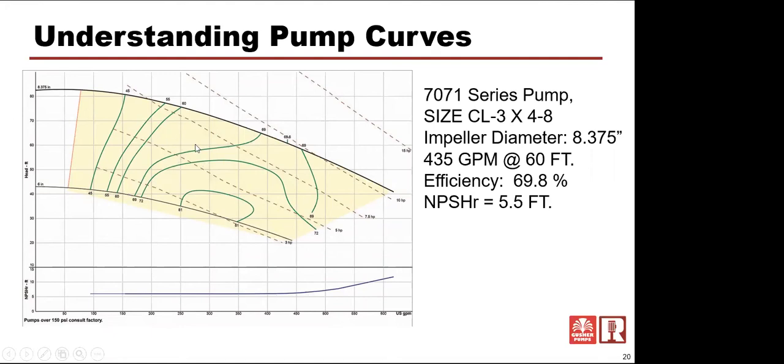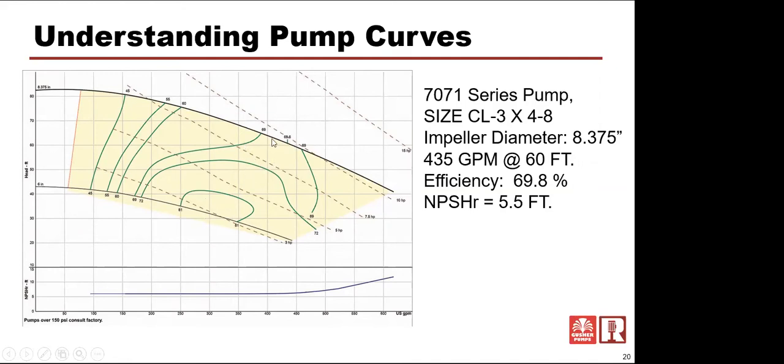Okay, so if we trim this pump to something along this line right here, let's say that's a 7-inch impeller, where's your best efficiency point? It's about right here. So the best efficiency point falls back to about 400 gallons a minute with a 7-inch impeller, as opposed to 435 gallons a minute with an 8-inch impeller, give or take.